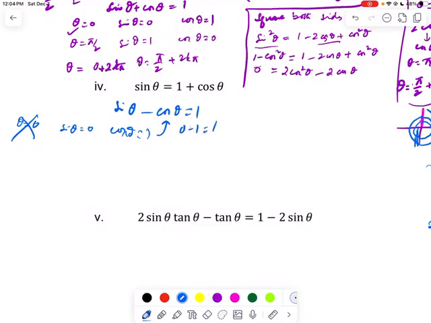Next we can try theta equal to pi over 2. In that case, sine of theta is 1 and cosine of theta is 0. So that will work. So it means one of the solutions will be this one. What about the next thing? Let us look at pi.